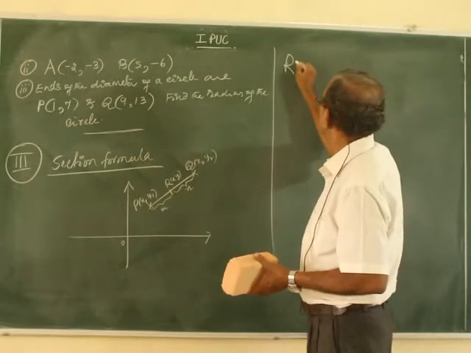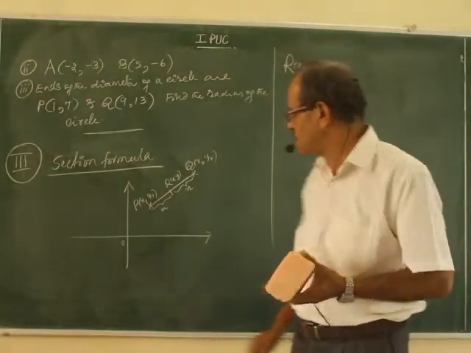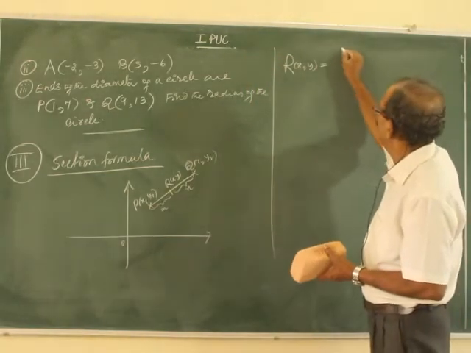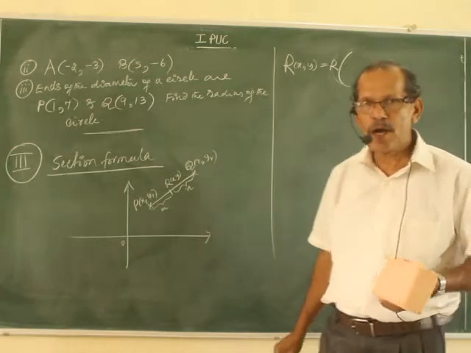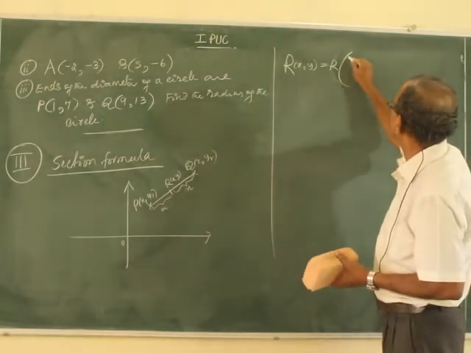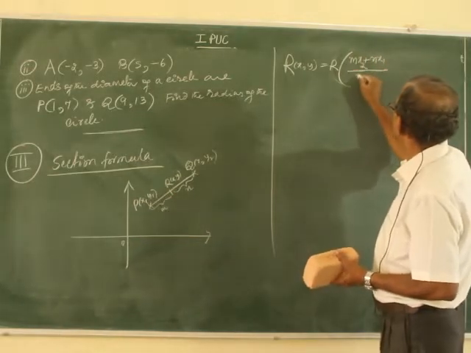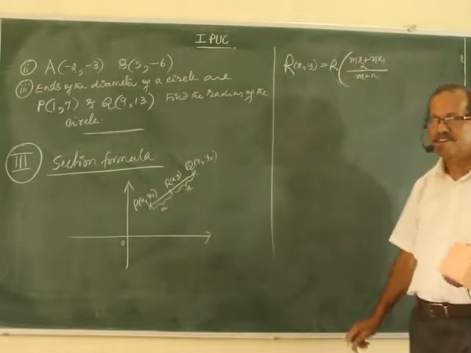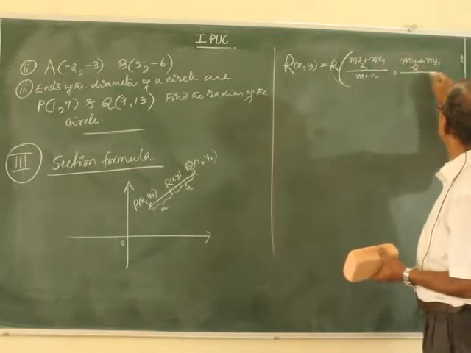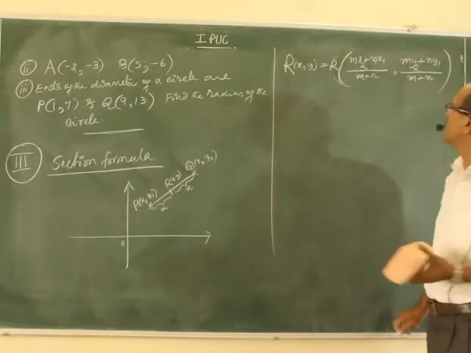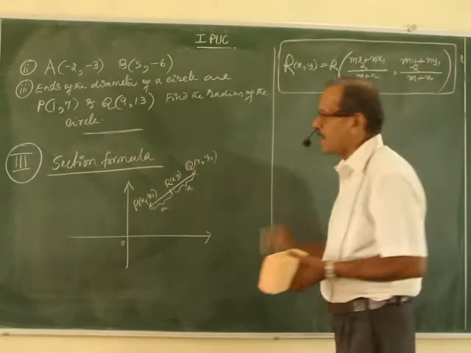So R (x, y) is: x coordinate is (m x2 plus n x1) divided by (m plus n). y coordinate is (m y2 plus n y1) divided by (m plus n). Section formula, or how to find the coordinates of that point R, it is given.